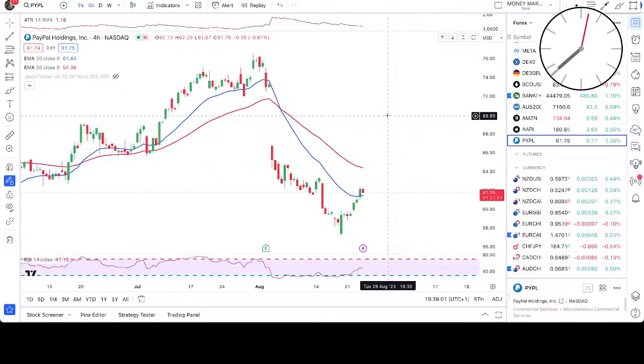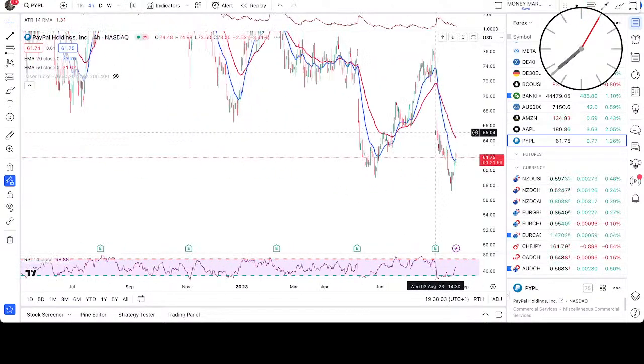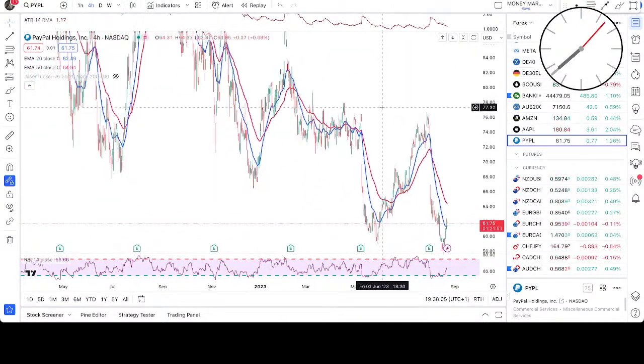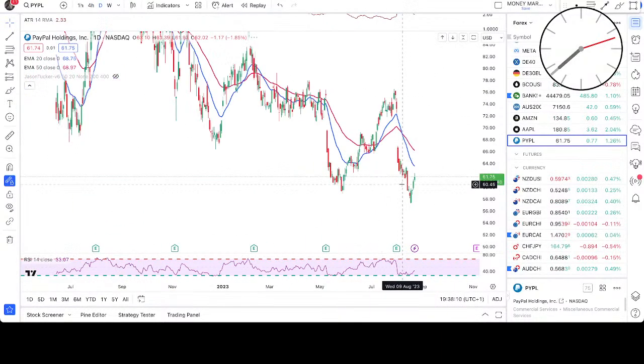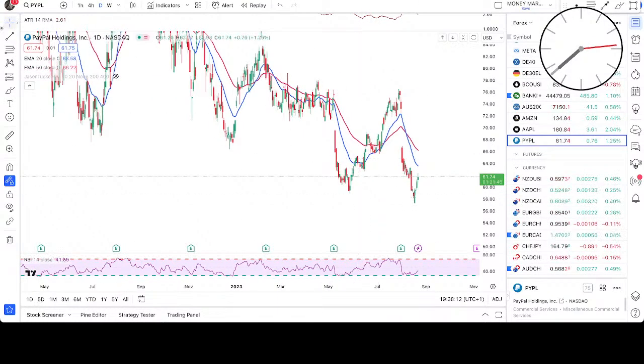Right, so nice downtrend here. Looks good, and we need to see the zone that has been broken.